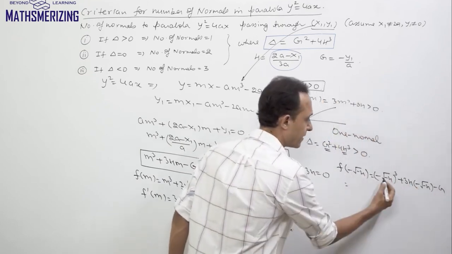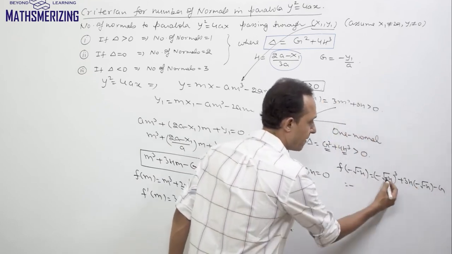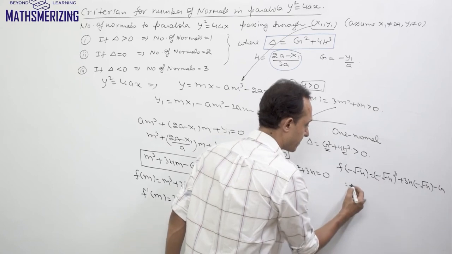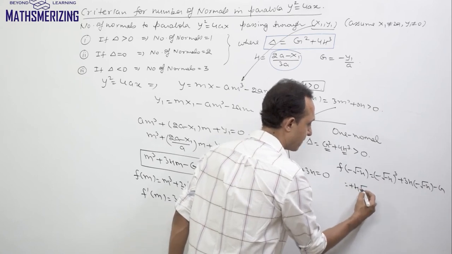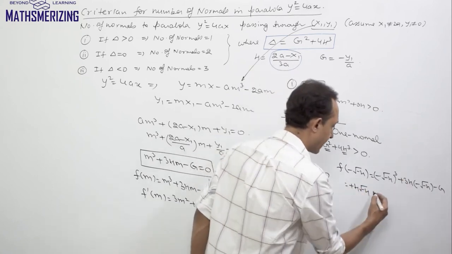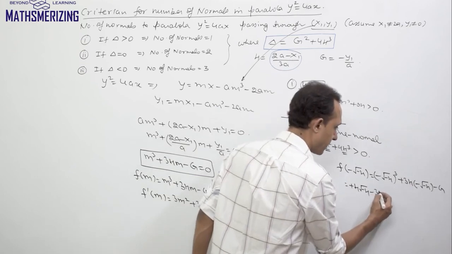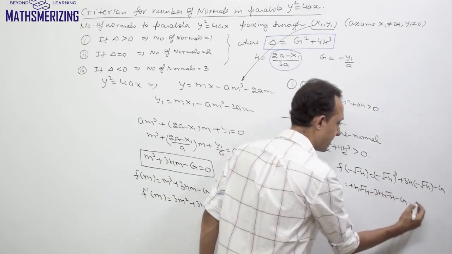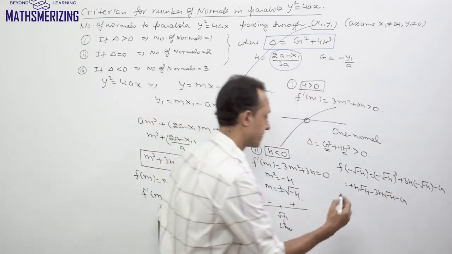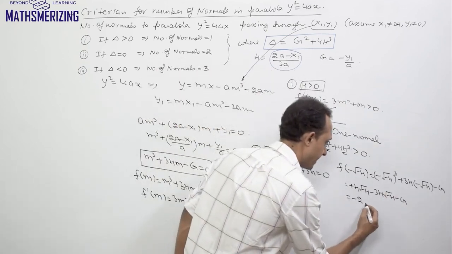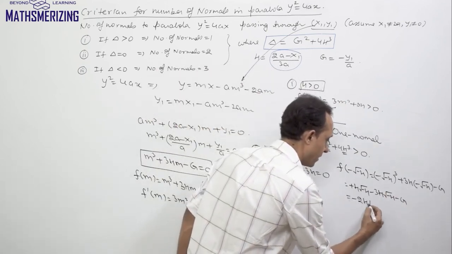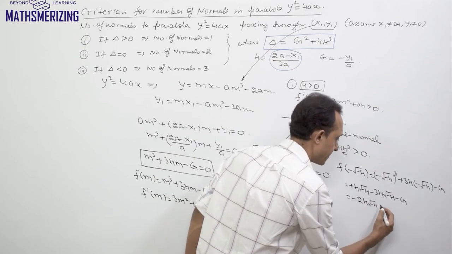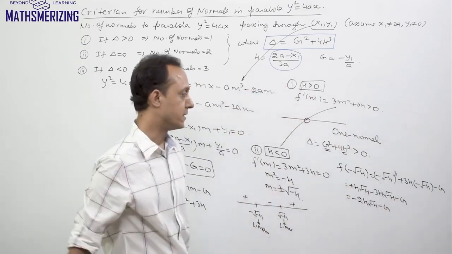So it is minus, and then minus h square again will be plus, so h into under root of minus h, and here I'll get minus 3h into under root of minus h and then minus g. So which is minus twice h into under root of minus h and then minus g.